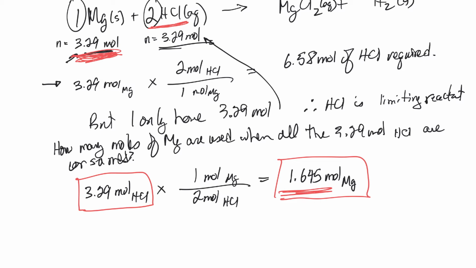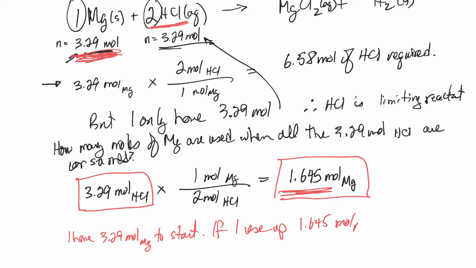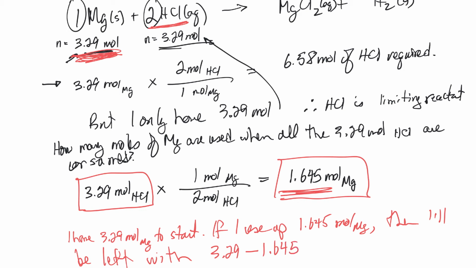So then I'll say, well, I have 3.29 moles of magnesium to start. If I use up 1.645 moles of magnesium, then I'll be left with whatever 3.29 minus 1.645 is. And I think it's the same number, 1.645 moles of magnesium left over.